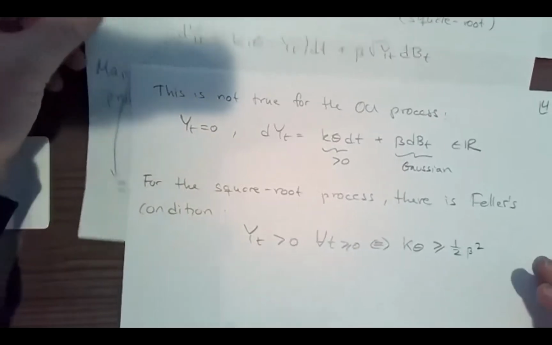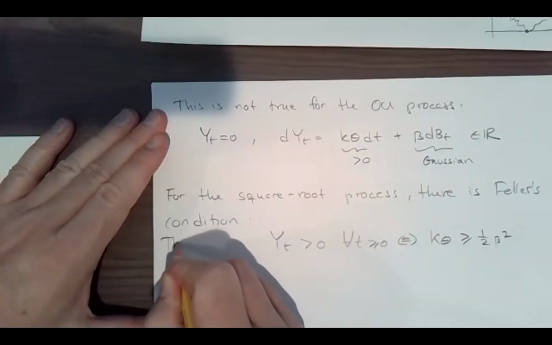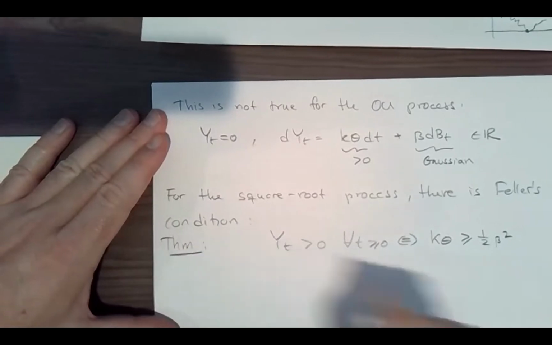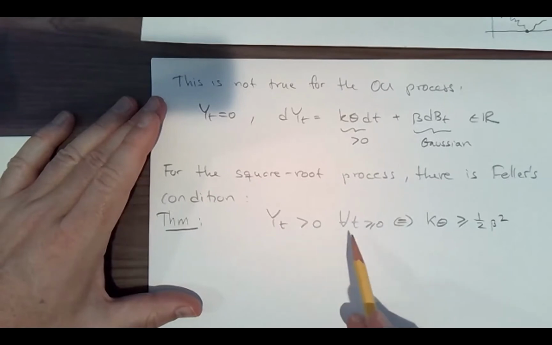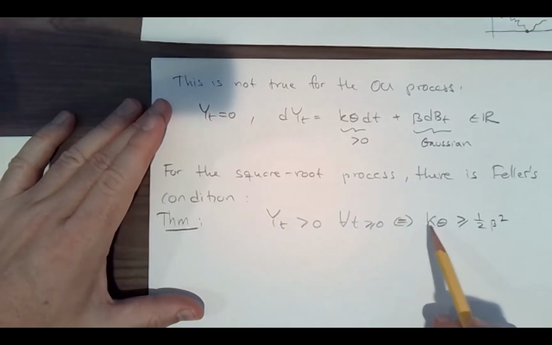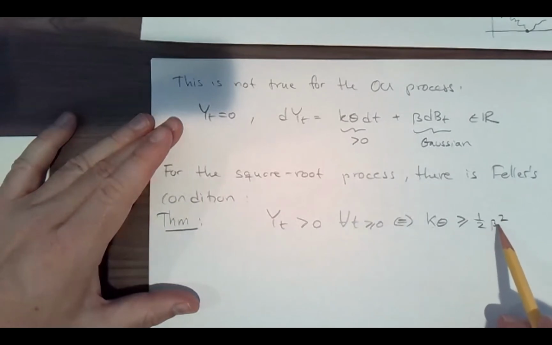That's Feller's condition. So this is the theorem: for the square root process, y is strictly positive if and only if the drift coefficients kappa times theta are sufficiently big compared to the volatility coefficient, which is this beta.